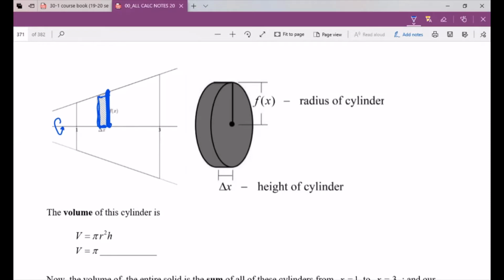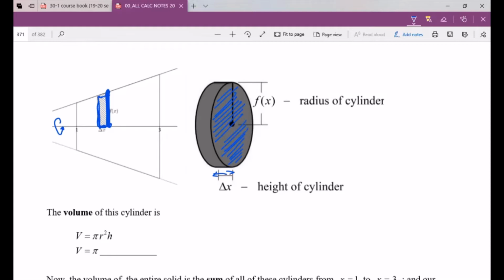And so for volume, well, the volume of a cylinder is pi r squared times h. Pi r squared, because that's the area of the base of the cylinder, and then times h because we're taking that into the third dimension. And so now we have this three-dimensional cylinder.